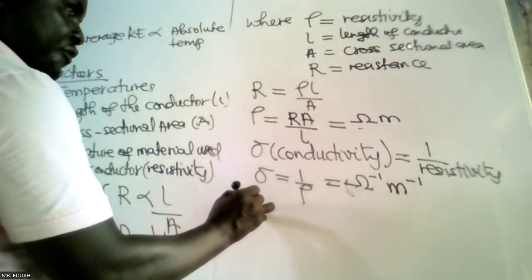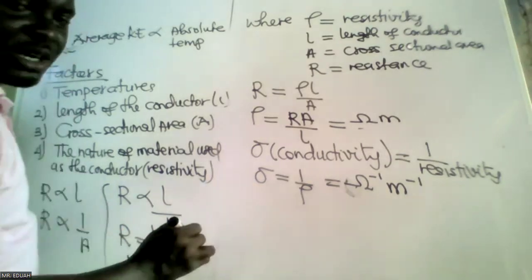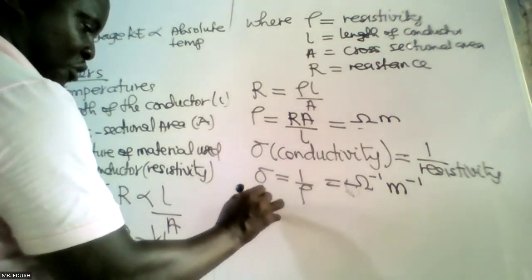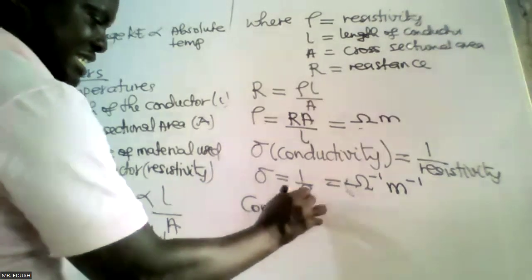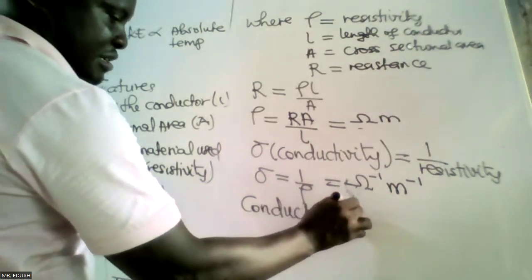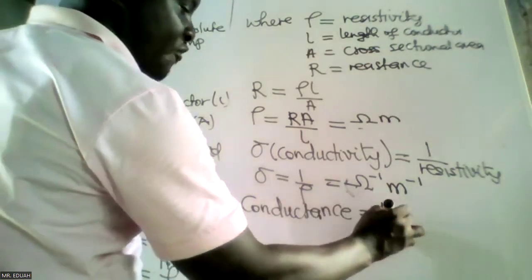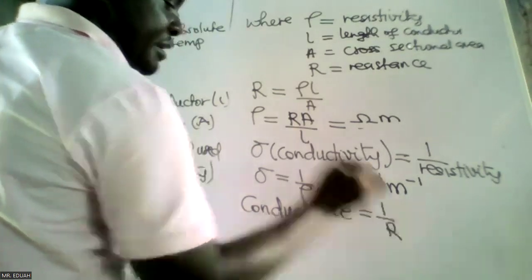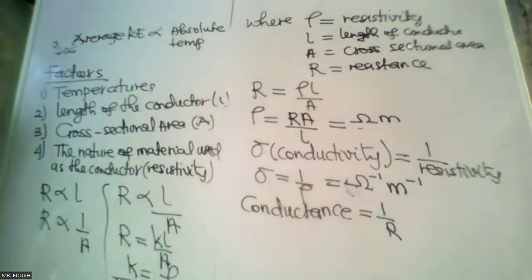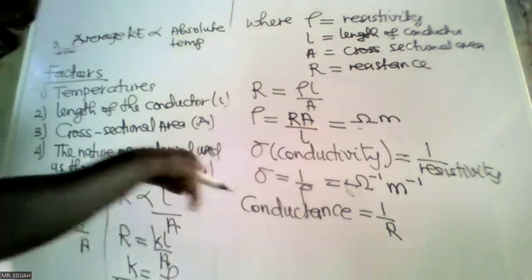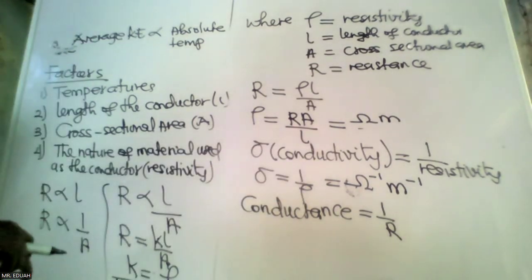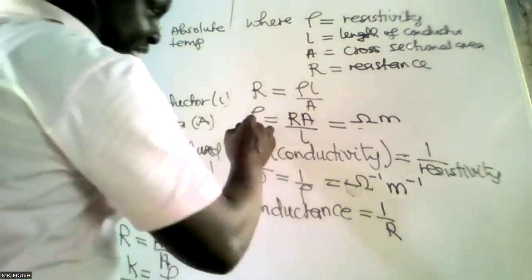The inverse of resistance is known as conductance. Conductance is equal to 1 over R. So please note the difference. We have conductivity, which is the inverse of resistivity.